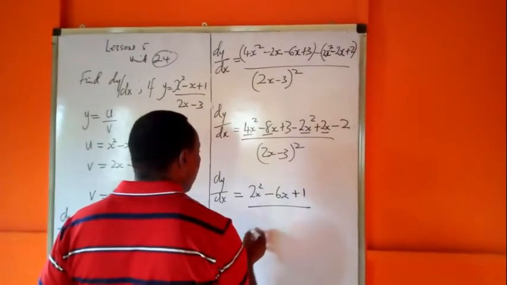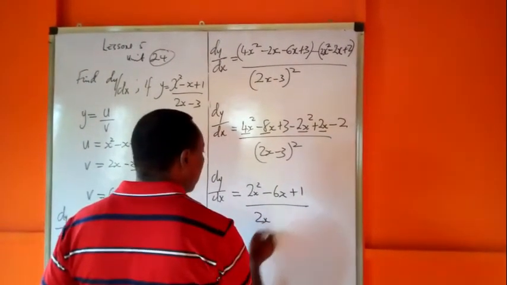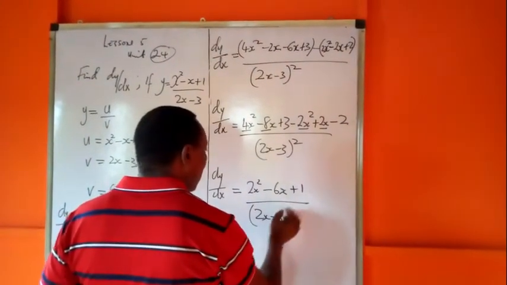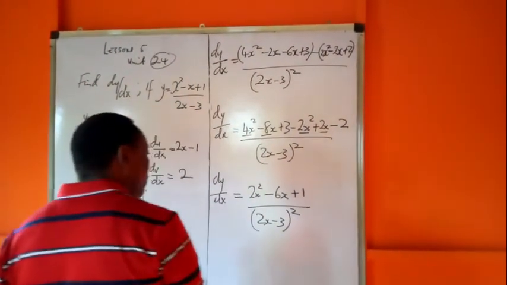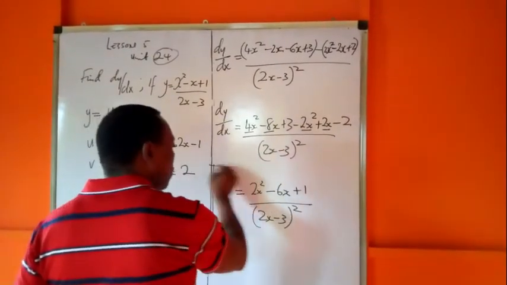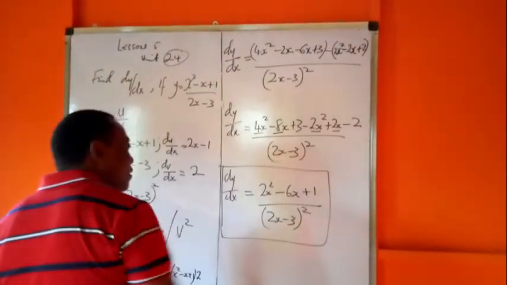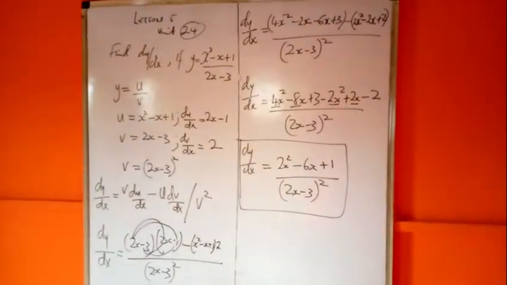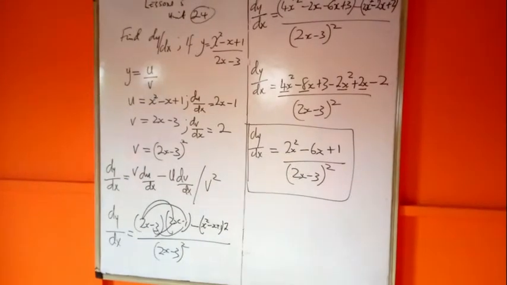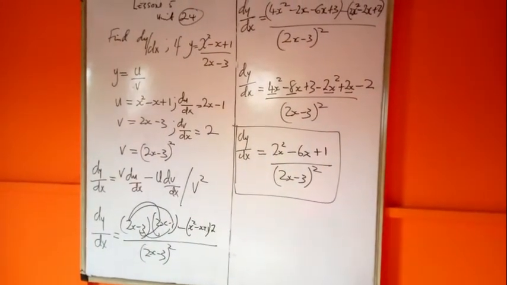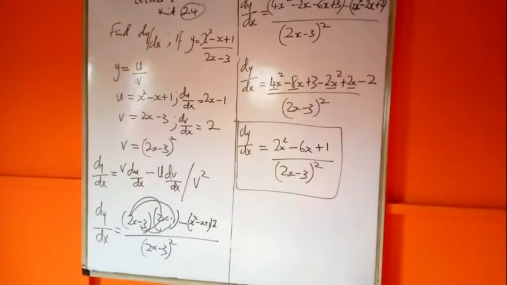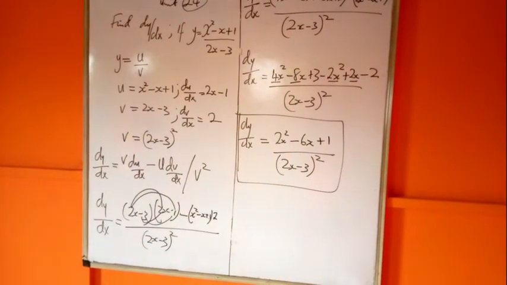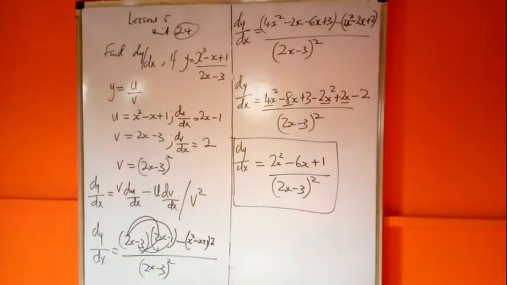All over 2x minus 3 raised to the power 2. So the answer will now become 2x squared minus 6x plus 1 all over 2x minus 3 raised to power 2. Thank you very much.